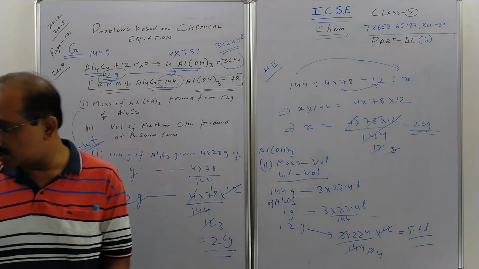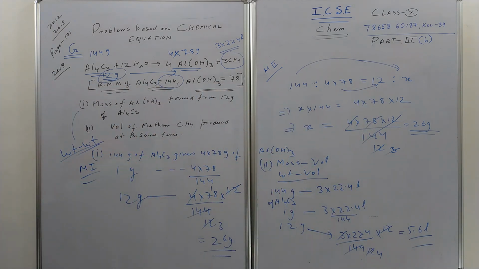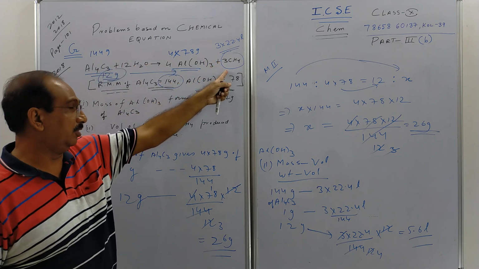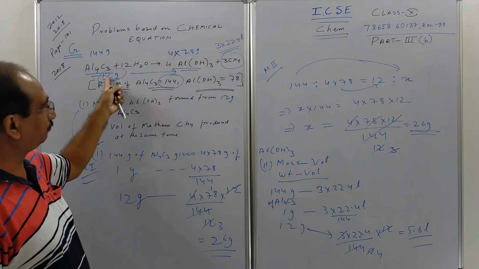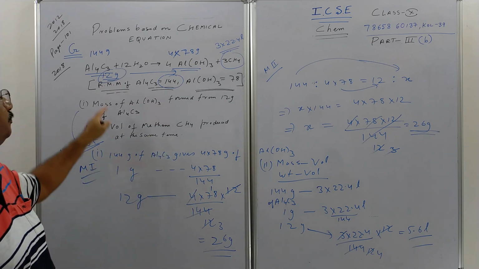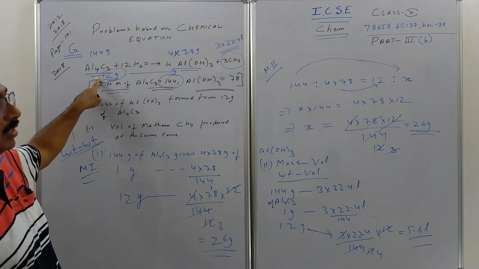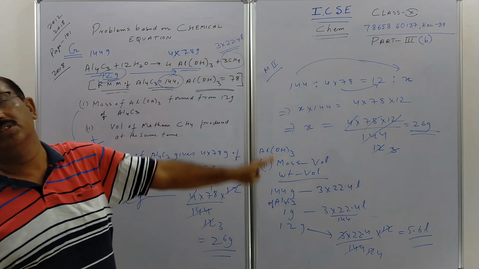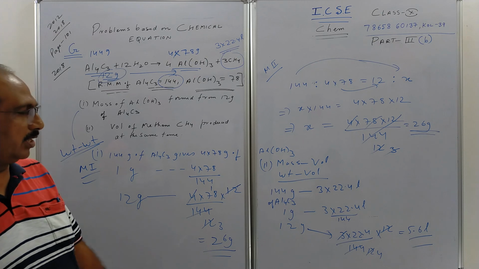Okay, so once more, for volume you could have done it by the mole method also. 144 gives 3 into 22.4, 12 will give you this. Another method you could have done is mole. This is 1/12. In the same way you get 1/12 of this. So ultimately we get the same thing, children.